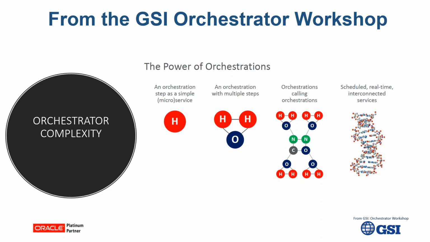Now, an orchestrator can call another orchestration, and that can morph into more orchestrators getting called into multiple orchestrations. So as you try to solve complex issues or business problems, you can start harnessing the power of scheduling and connectivity within the orchestration.